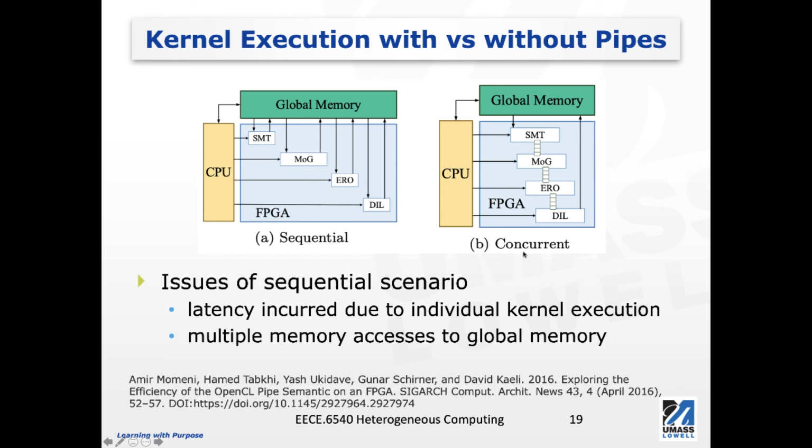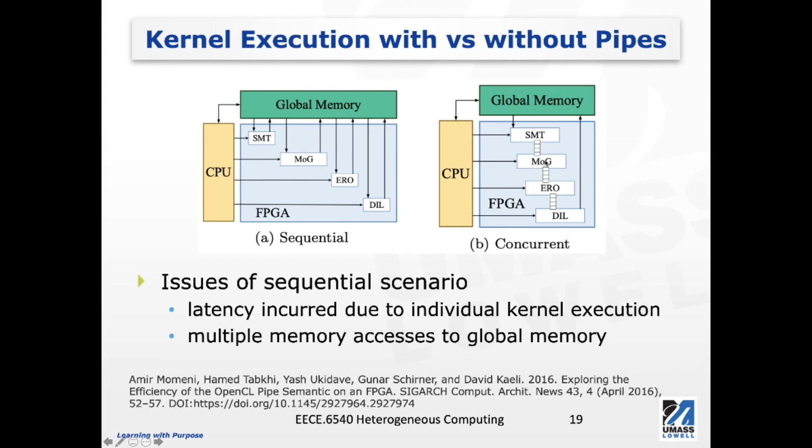In contrast, with pipes, the first stage, SMT, will read the original pixels and process them. The intermediate data will be sent to the next stage through these kernel pipes. As you can see, these pipes are on-chip memory structures that can transfer the intermediate data from one kernel to another efficiently.